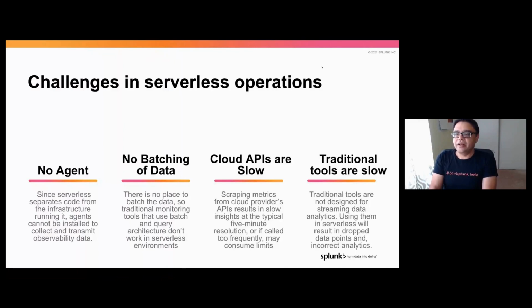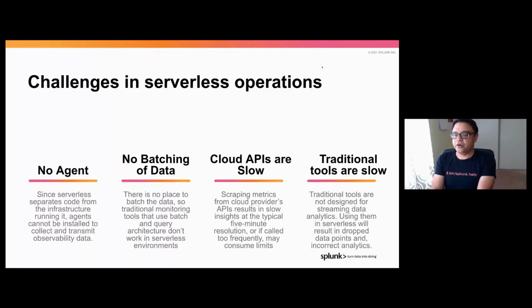Now, let me put a rider on the second one. Unless you are using Lambda Extension, if you're using serverless functions anywhere, including AWS, there is no place to batch the data. Lambda Extension provides that. Splunk Lambda Extension has some buffering capabilities, and I'm going to talk about that in a minute.